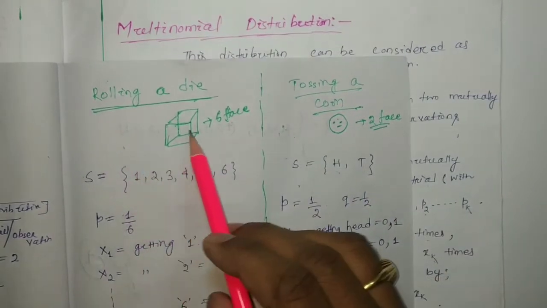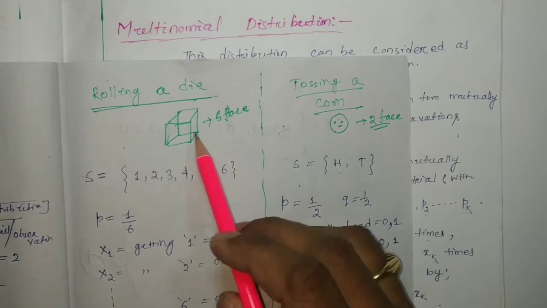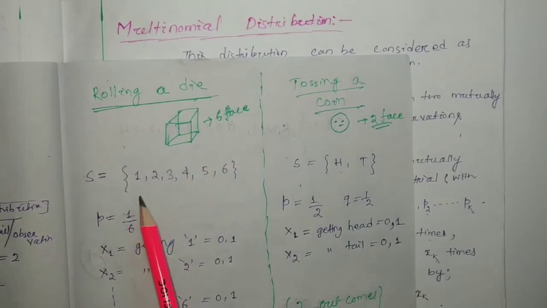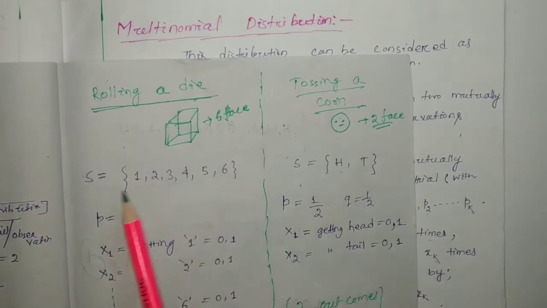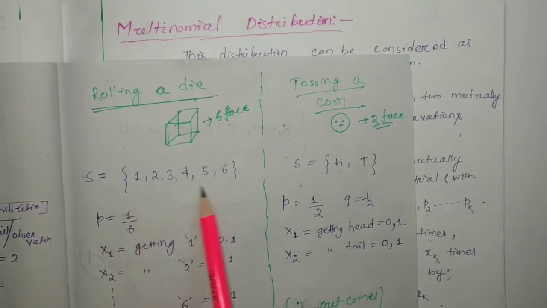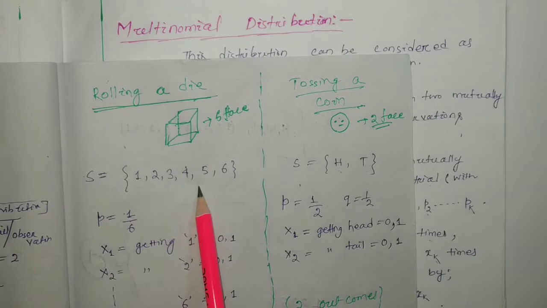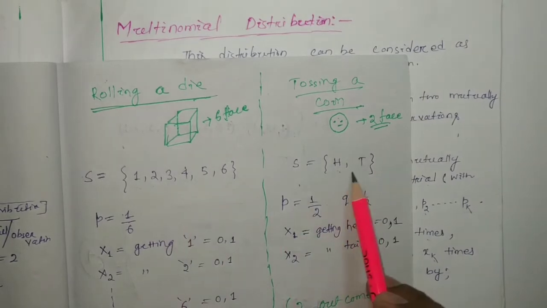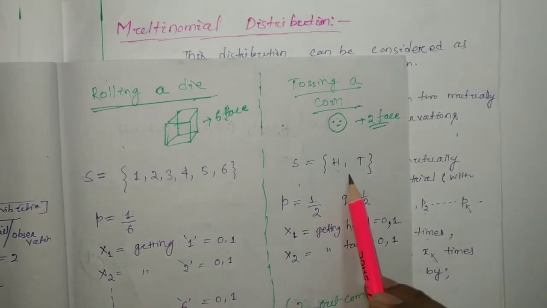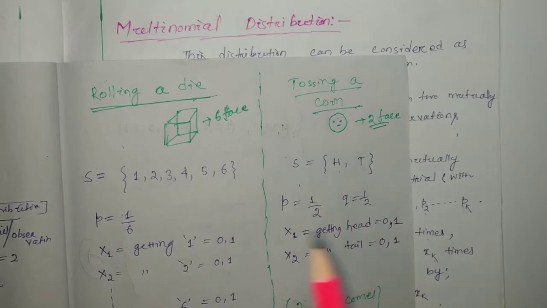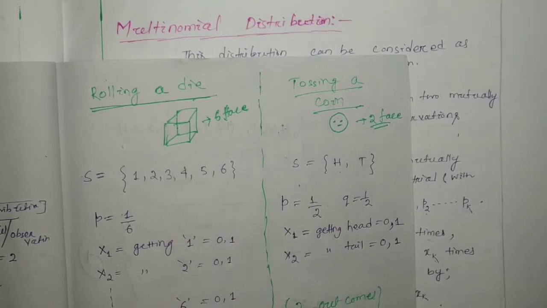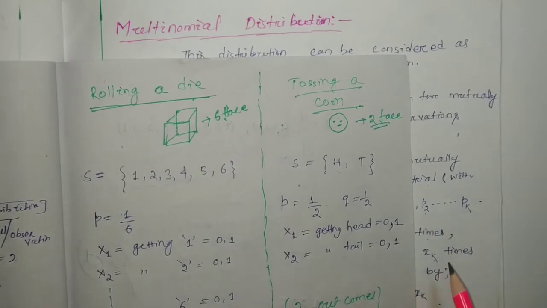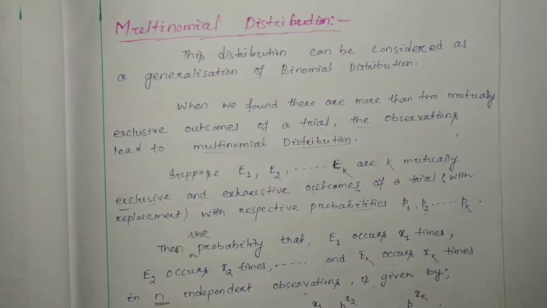If we consider rolling a dice, we can get one, two, three, four, five or six. So in this case the sample points are six, whereas in the coin case the outcomes are two. So here we use the multinomial distribution. How, we are going to discuss.